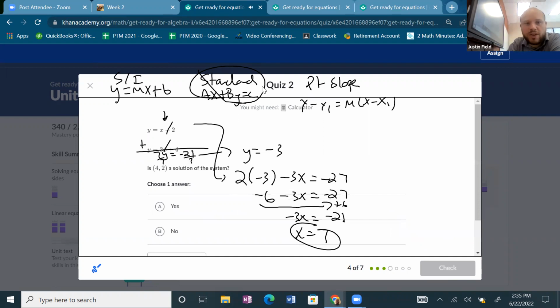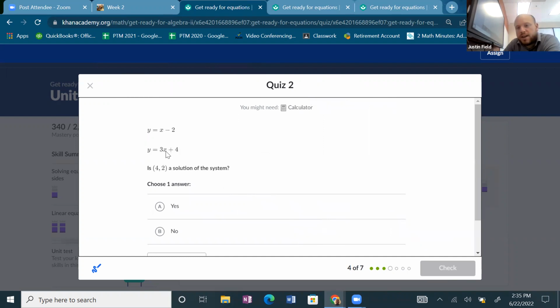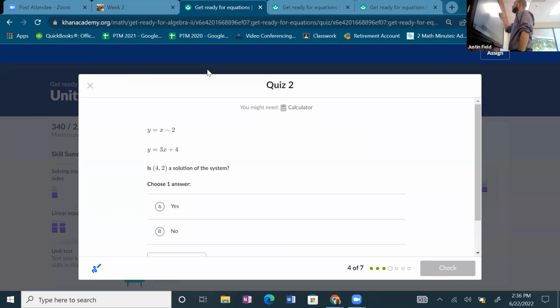Now this one, they're in slope-intercept form. But it's also asking if that point is the solution, so we don't want to solve it. We want to just substitute in and see if that is the solution. So I'm going to put 2 in for y and 4 in for x. And it works out in the first one.